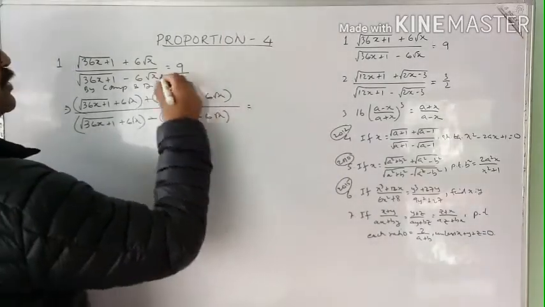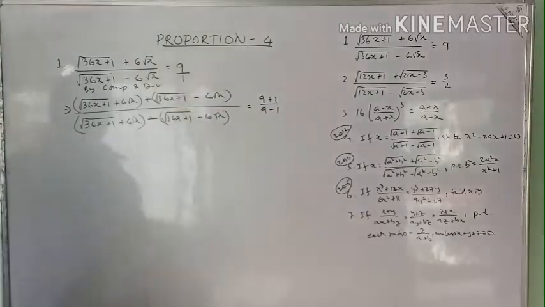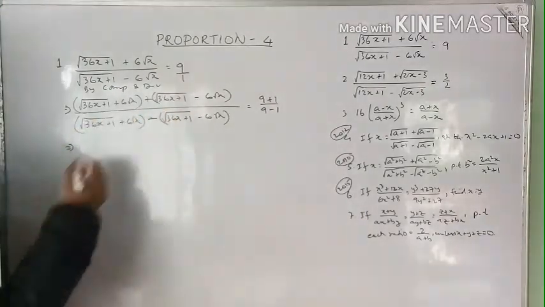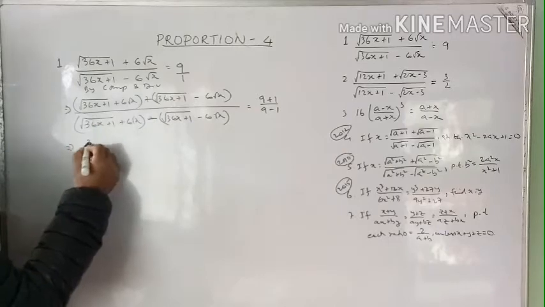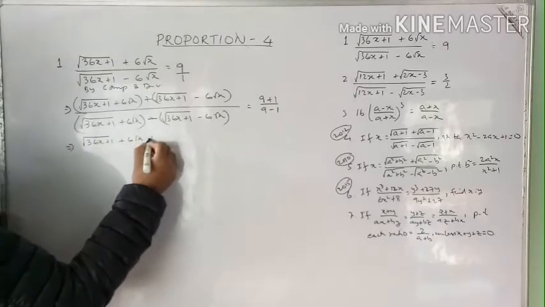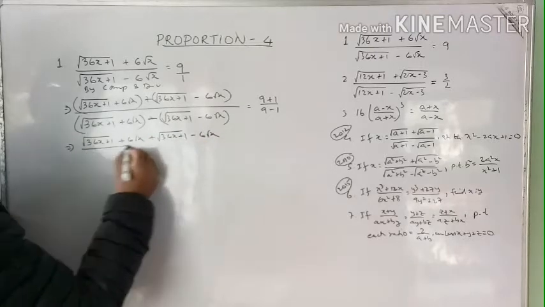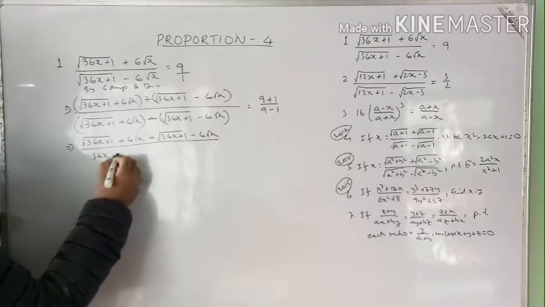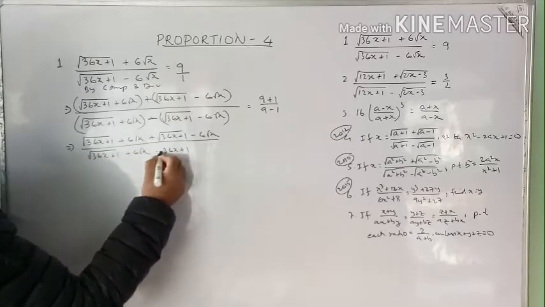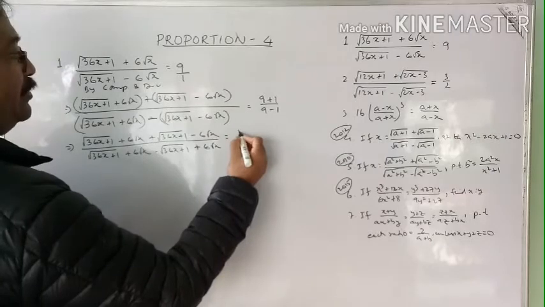So use the property on the right hand side also. So you get 9 plus 1, 9 minus 1. Add in the numerator, subtract in the denominator. The advantage is that here terms will cancel, but before that we remove the brackets. So √(36x+1) + 6√x + √(36x+1) − 6√x divided by √(36x+1) + 6√x − √(36x+1) + 6√x equals 10 by 8.